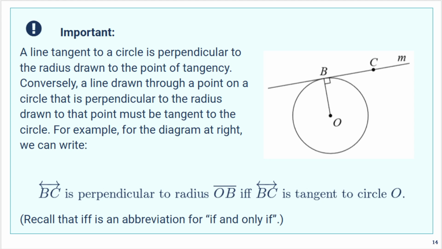For example, for the diagram at right, we can write line BC is perpendicular to radius OB if and only if line BC is tangent to circle O. Also recall, this symbol here means if and only if, which means these two statements are equivalent. All right?